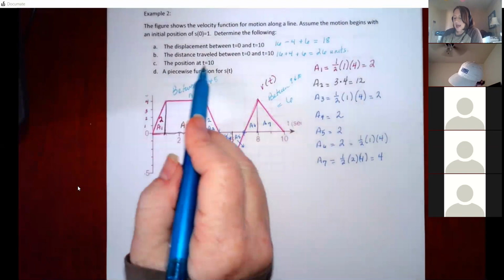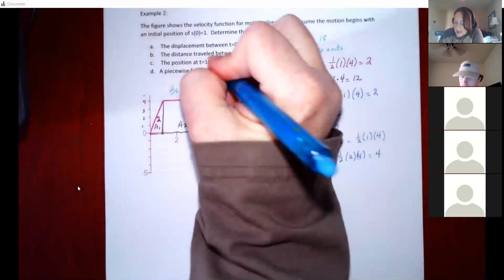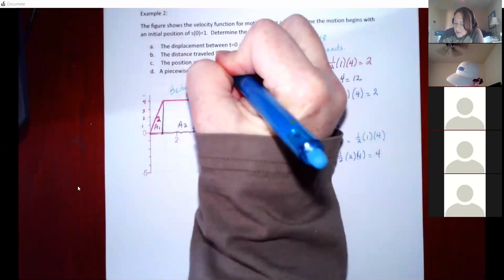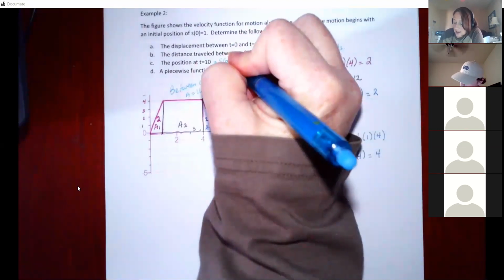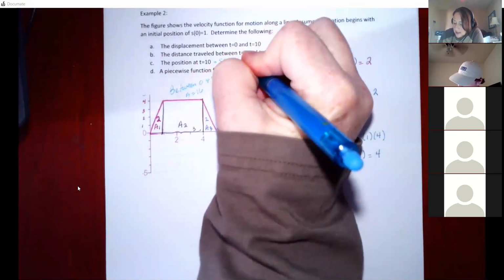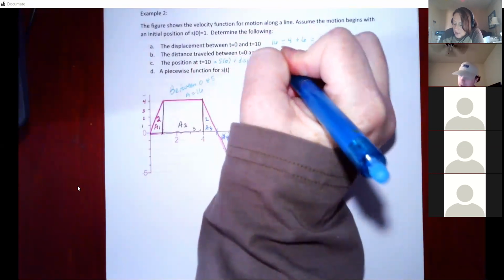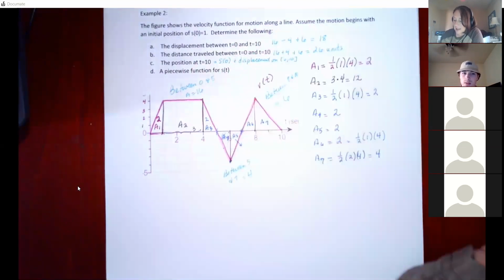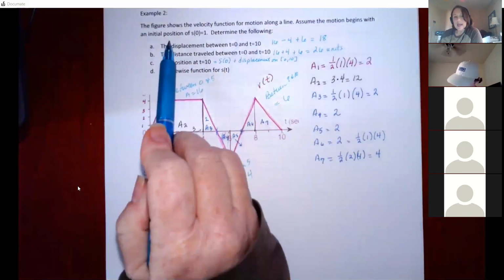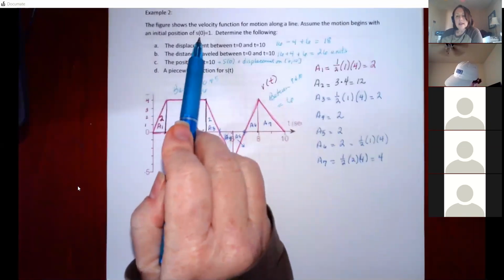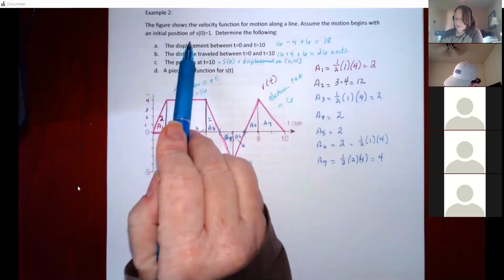The position at t equals 10 is the initial position plus the displacement on the interval from 0 to 10. In the statement of this problem, they told me that the initial position was 1.